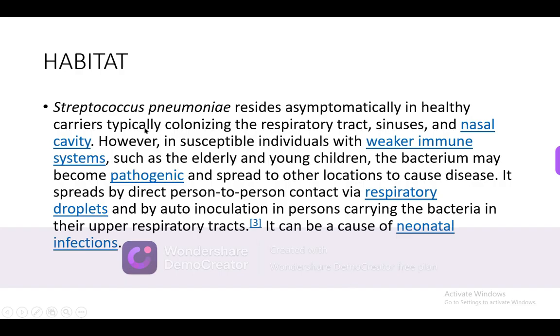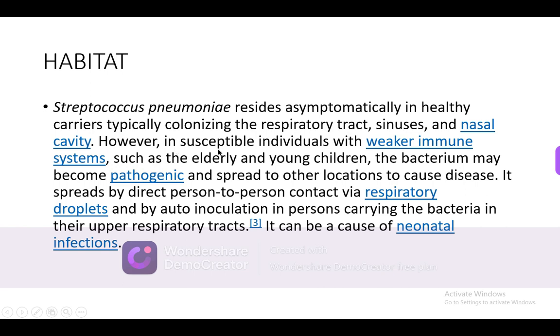Habitat, where it occurs: it is a natural place. Streptococcus pneumoniae resides asymptomatically in healthy carriers, typically colonizing the respiratory tract, from the nose, for example, the throat, for example, the ears, including the nasal cavity.